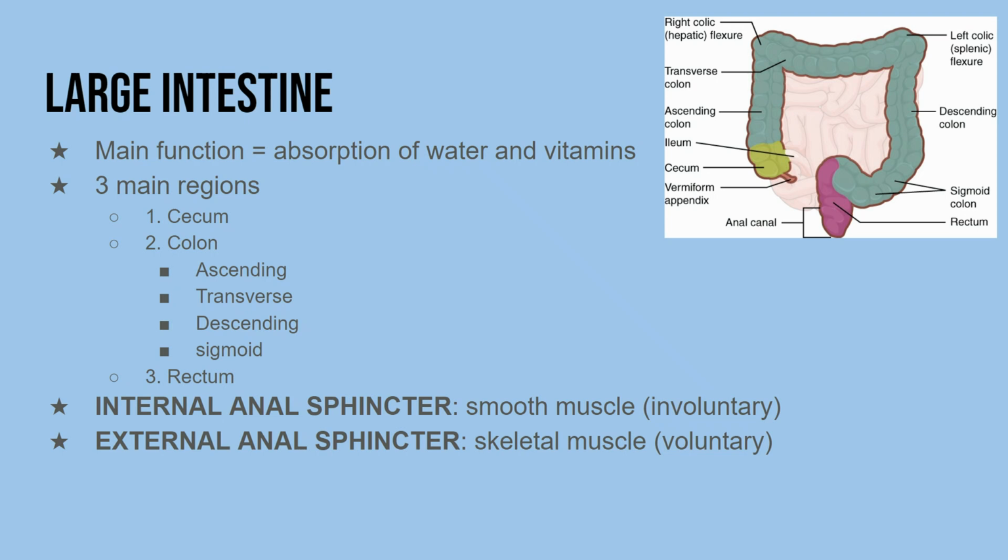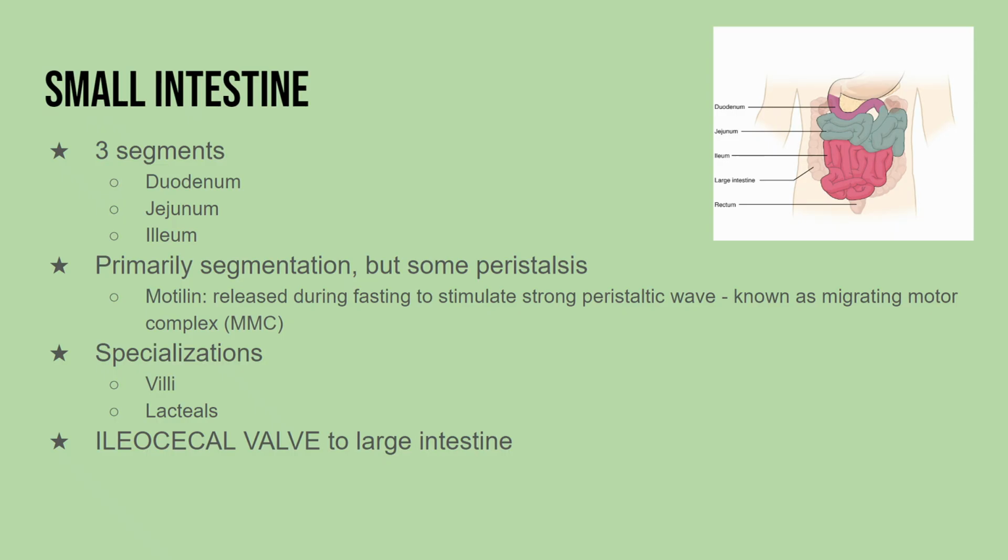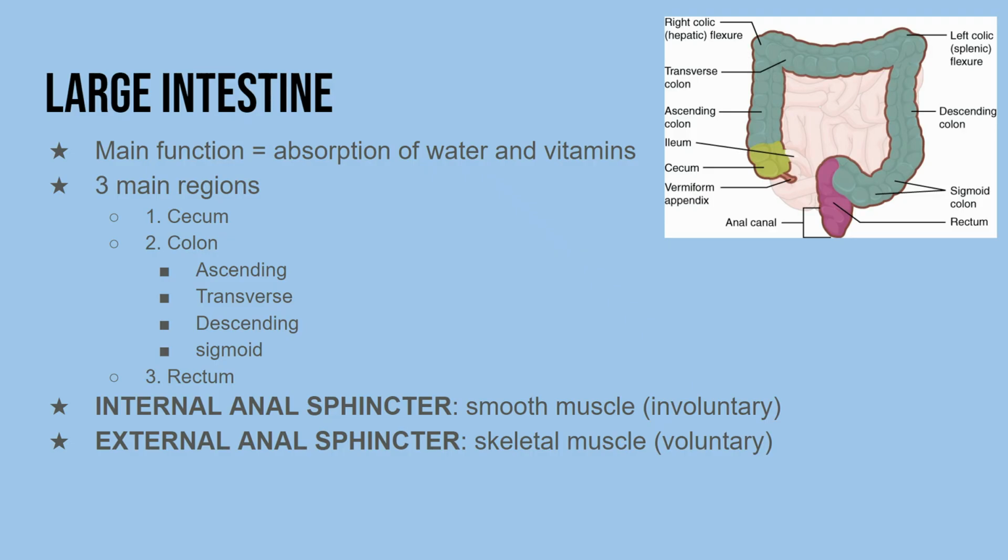Like I said, in the small intestine, it's primarily segmentation, which is the mixing one, but there's also some peristalsis. In the large intestine, there definitely has to be peristalsis to help you go up the ascending colon and move through. Probably not as much segmentation because there's nothing being secreted. So you don't really have to mix it anymore.